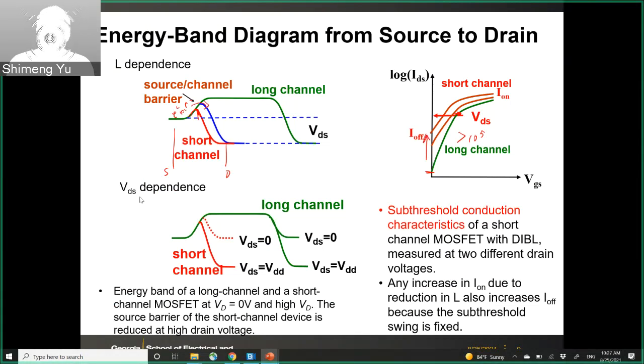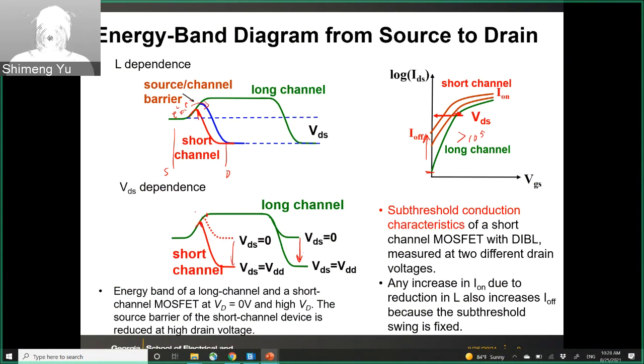Also, the VDS will affect the drain current in the short channel. Here you see that in the long channel, as you change the VDS, you push down the drain side voltage and energy potential, but the barrier to the source will not be affected because they are far away. But in the short channel, if you change the drain voltage, it will easily affect this barrier height.